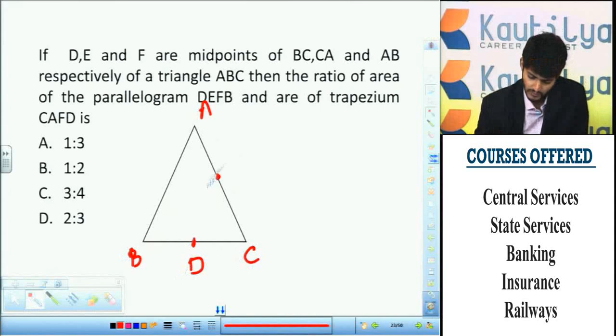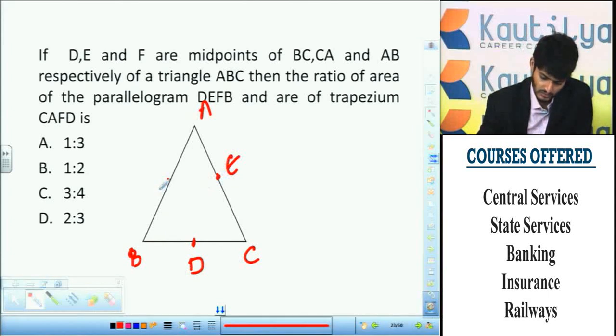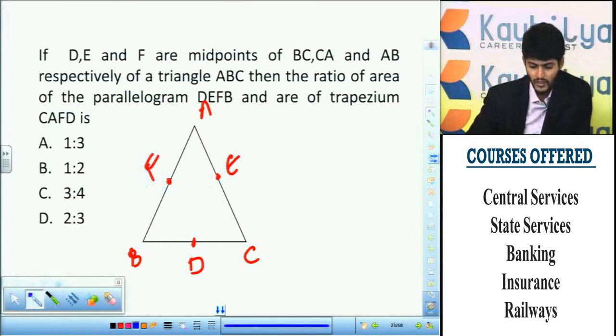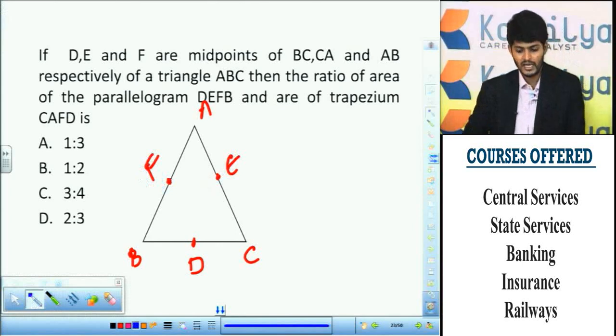So let me draw E here, and F is the midpoint of AB. So let me draw F here.